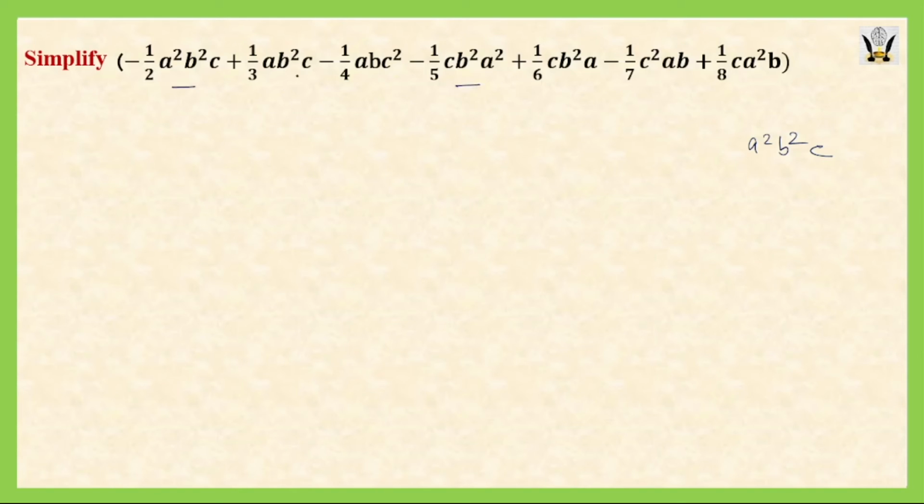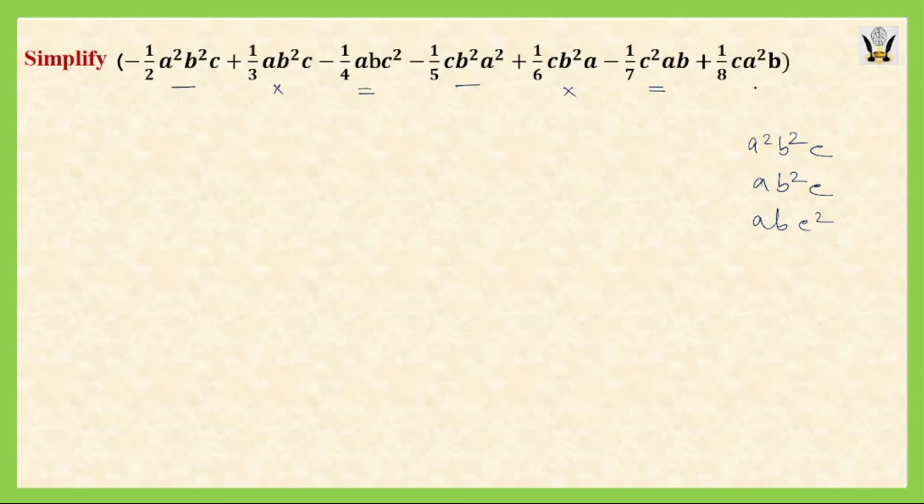Then we have ab square c, which is another term that we can see here, and we have another ab square c. Then we have abc square, another term, and we have another abc square here.